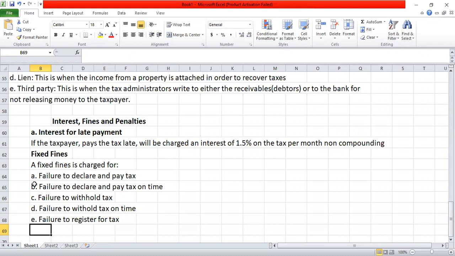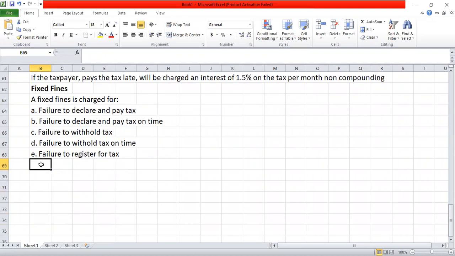If you don't declare tax on time, you don't pay tax on time, you don't withhold the tax on time, or you don't register for tax on time, you will pay a fixed fine.